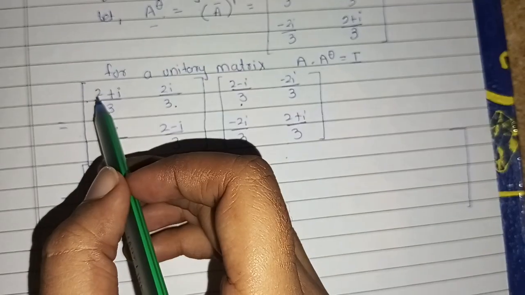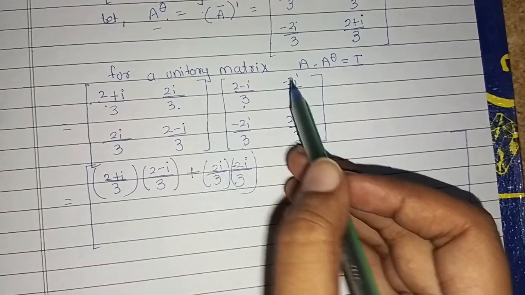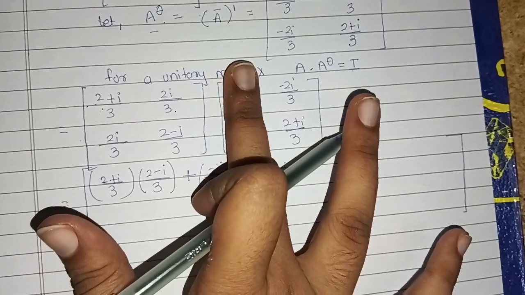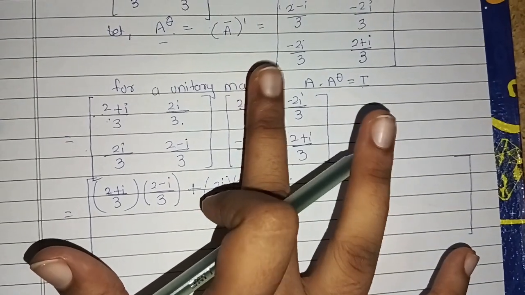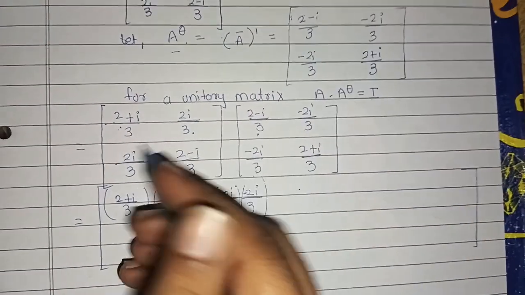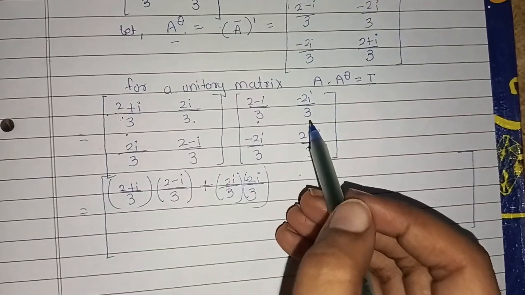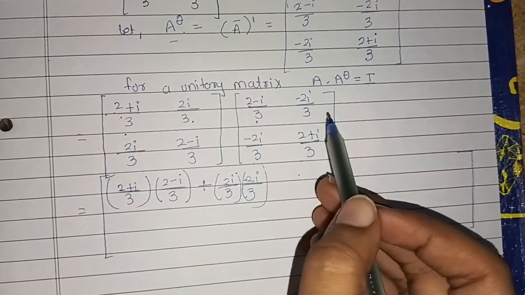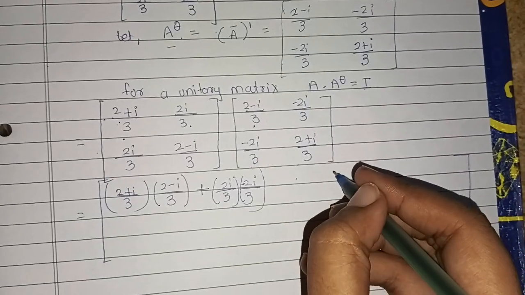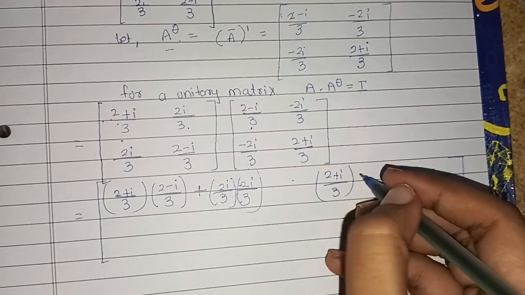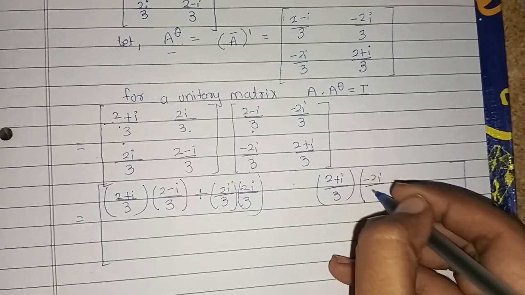And now what you have to do, multiply the first row to the second column as it is. Suppose we vanish this first column and take this second column. Now multiply the first element a11 to which element, a12. This is the first row second column. So now what will come, 2 plus i by 3 into minus 2i by 3.